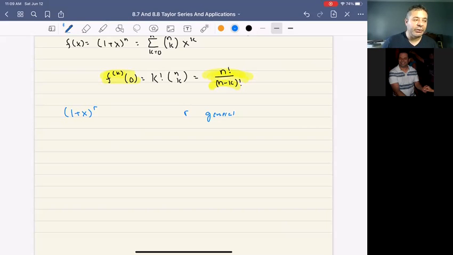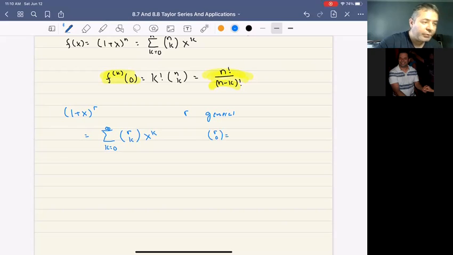Well, we're going to write this as the sum, k goes from 0 to infinity, of r choose k. All right, we don't really know r choose k yet. Let's suspend disbelief for a second. Times x to the k.